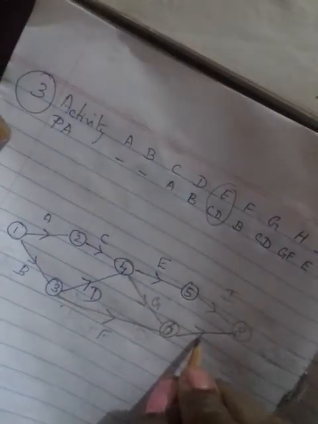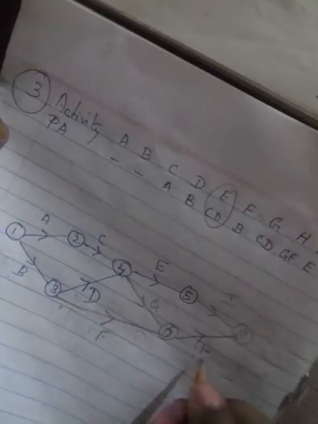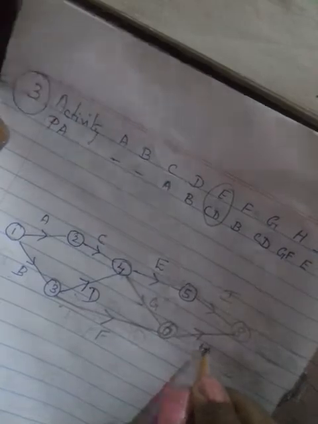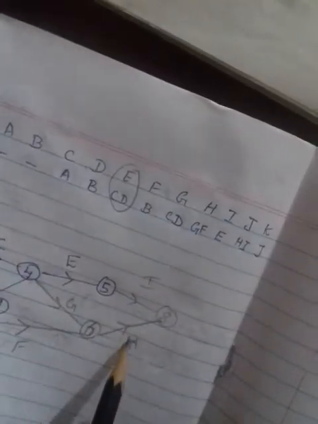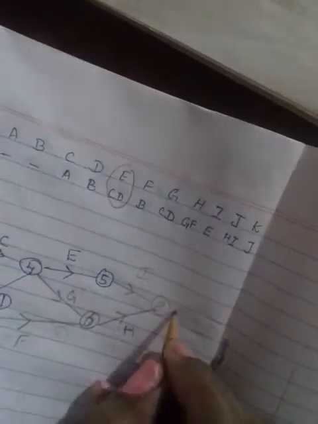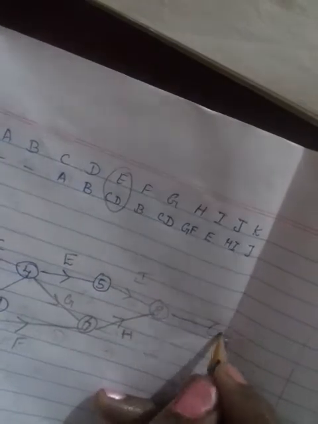So instead of that, I am going to join this node and this node here. So erase it and join it here. This is H. Now H and I are the predecessors for J.